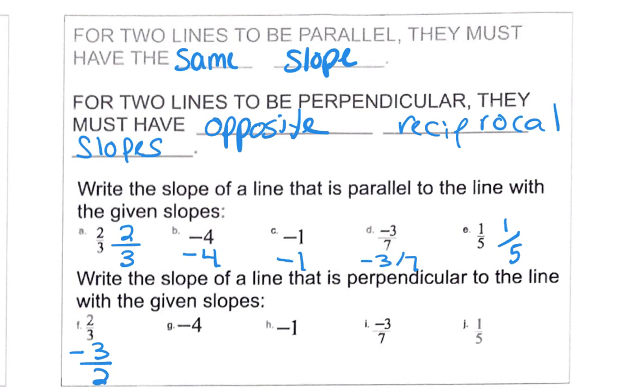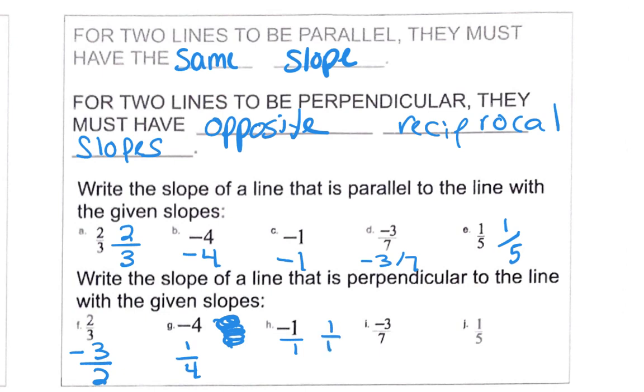So if you think about the number -4, it's -4/1. So if I want to write the opposite reciprocal of it, I'd have to flip -4/1. So it becomes 1/4, right? I flipped it and I've made it the opposite sign. Again, thinking of -1/1. When I flip it, it's going to be 1/1.